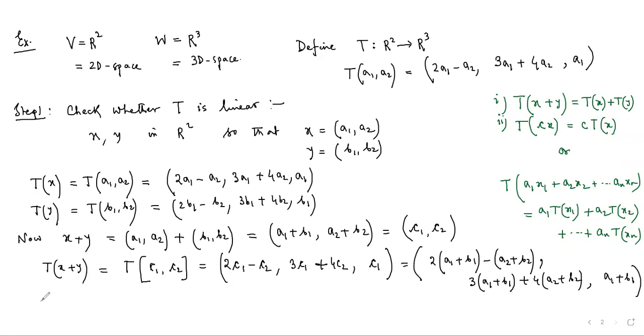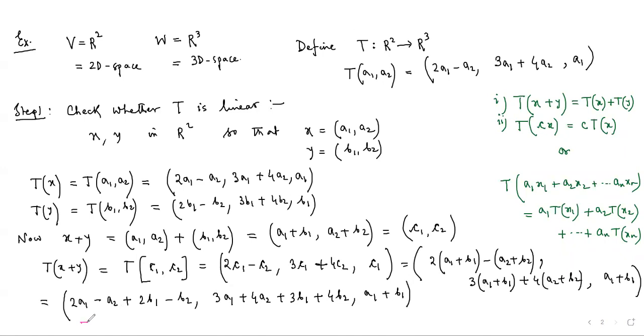Now if I simplify it a little bit, what will I get? We'll get 2a1 minus a2 plus 2b1 minus b2 from the first one, 3a1 plus 4a2 plus 3b1 plus 4b2 from the second one, and a1 plus b1 from the third one.